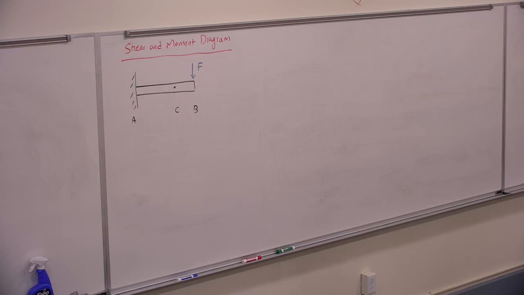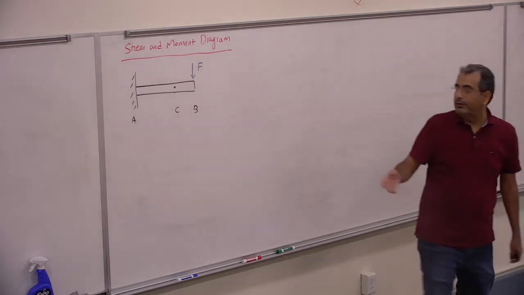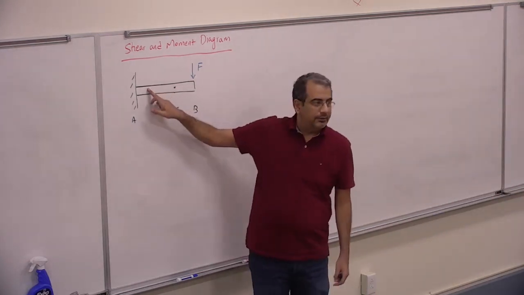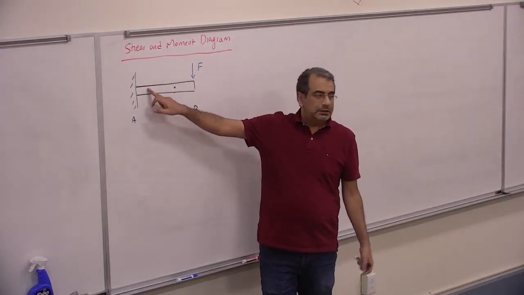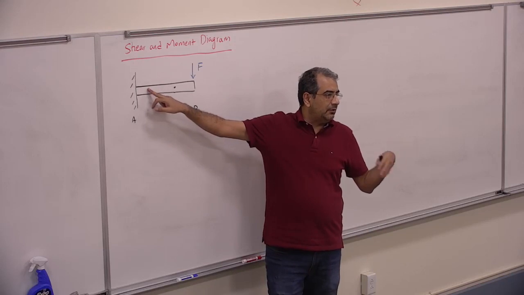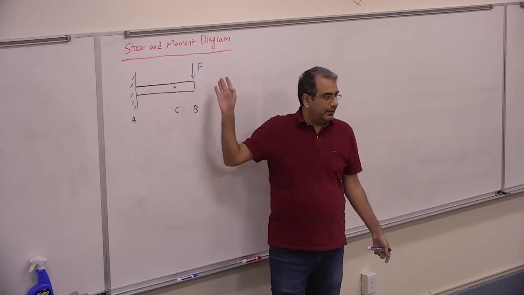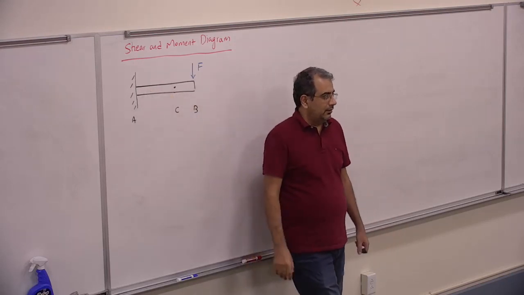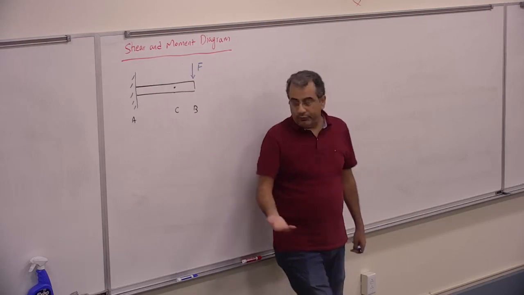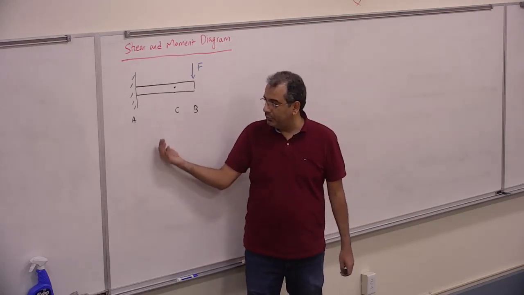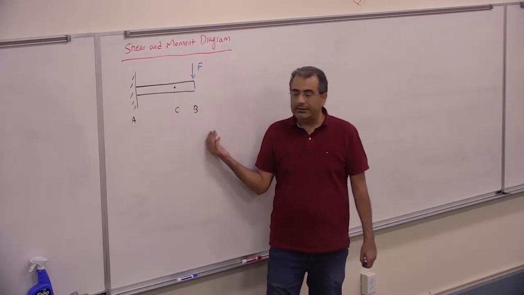I want to know where the normal is the max, where the shear is the max, where the moment is the max. So when I design the beam, I design it for that spot. Because if I design it for, for example, here, and the shear is not maximum there, it's going to break wherever it's going to be max. To do that, I need to find the shear, the normal, and the moment in the entire beam.